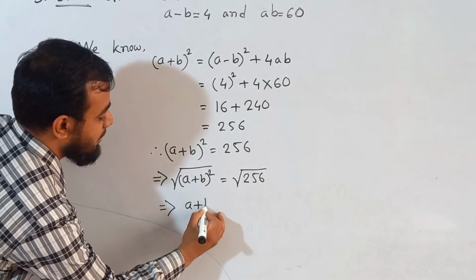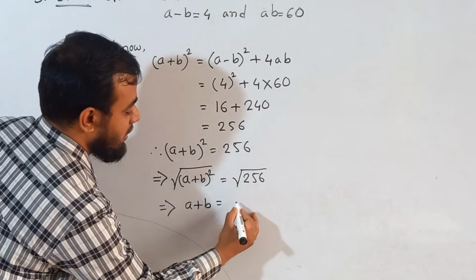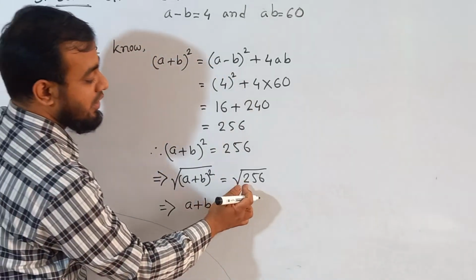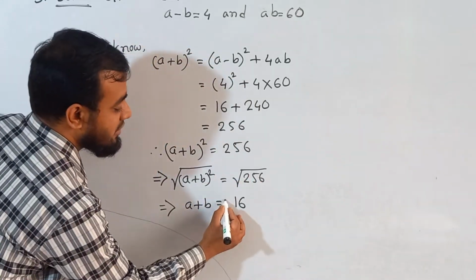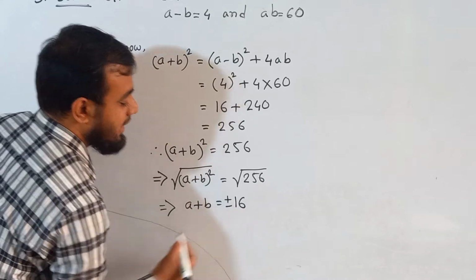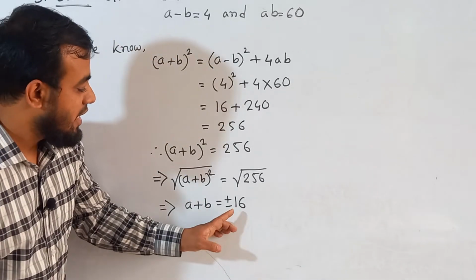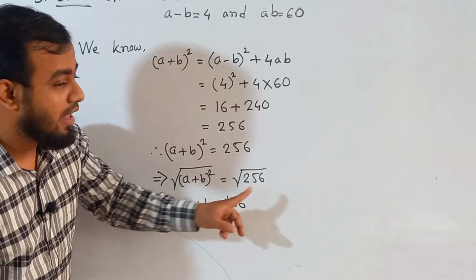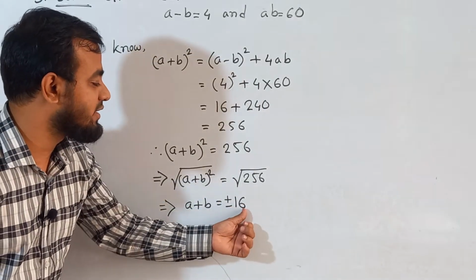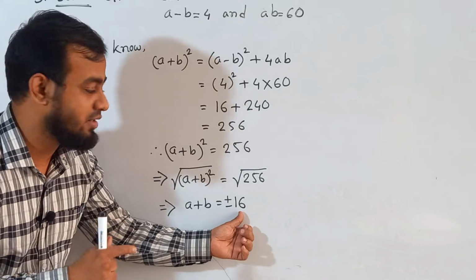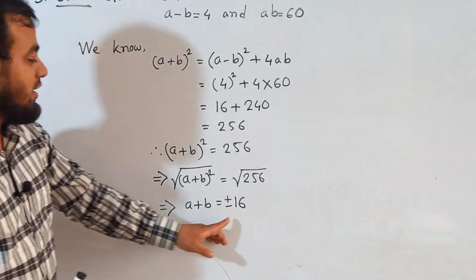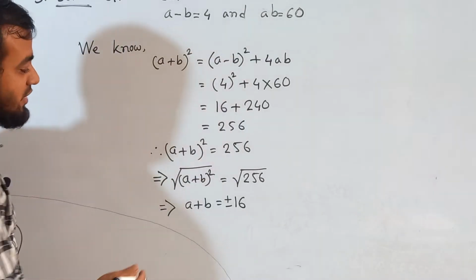So we have a plus b equals 16, because 16 squared is 256, and it must have a positive and a negative sign. If we square plus 16 we get 256, and if we square minus 16, then minus 16 multiplied by minus 16 is also 256. So our answer is plus or minus 16.